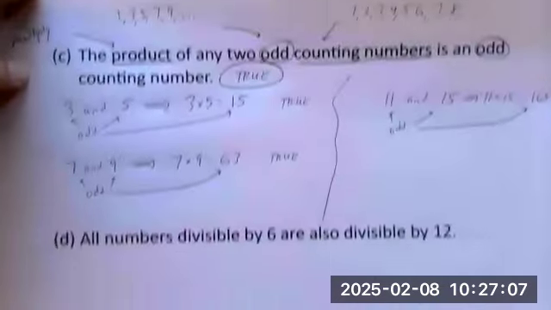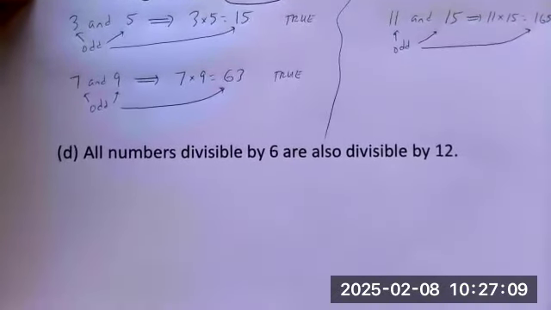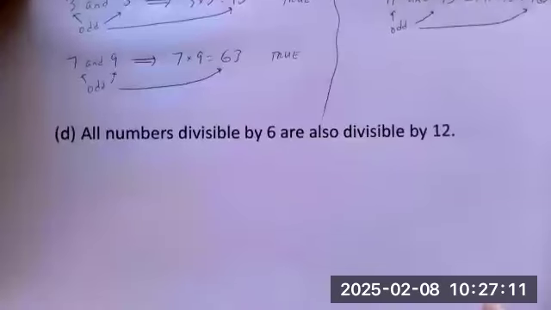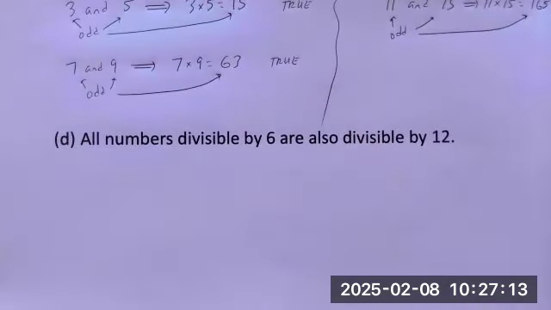Moving on to our last question of the section: all numbers divisible by 6 are also divisible by 12. So what do we mean by divisible by 6? Like 6 times 4 is 24, right? So that means 24 is divisible by 6.